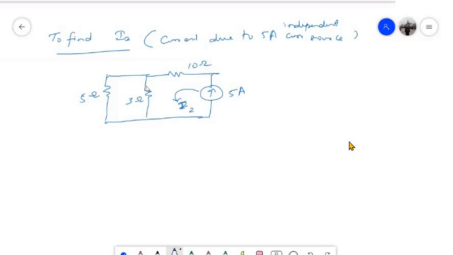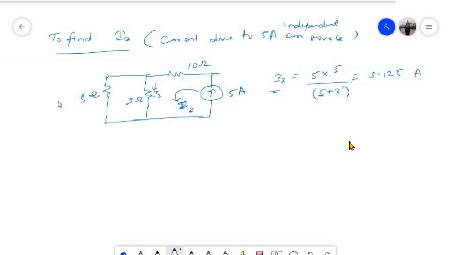Using the current division rule, you can see how much current flows through this 3 ohm resistance. So what will be this I2? I2 will be the total current 5 into the other branch resistance 5 divided by the total resistance, that is 5 plus 3. So you will be getting around 3.125 ampere.